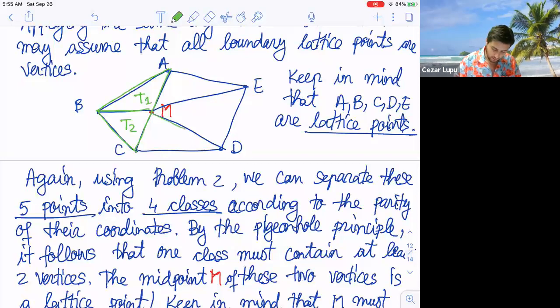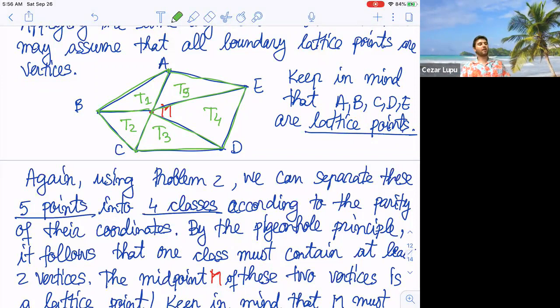This is the third one, T3. This is the fourth one, T4. And finally, the fifth one is right here, T5. So I have 5 triangles from that midpoint M, which is a lattice point.